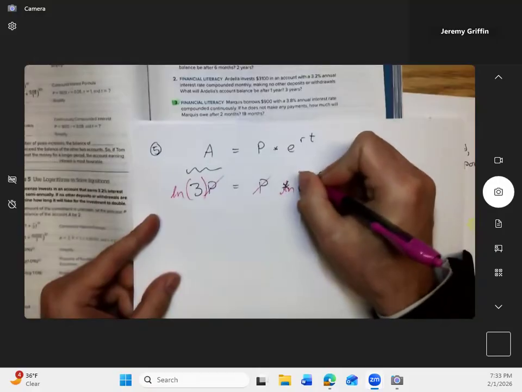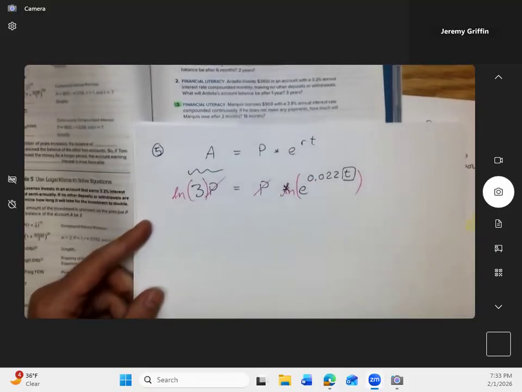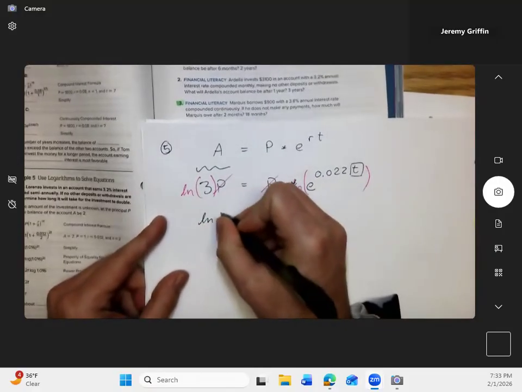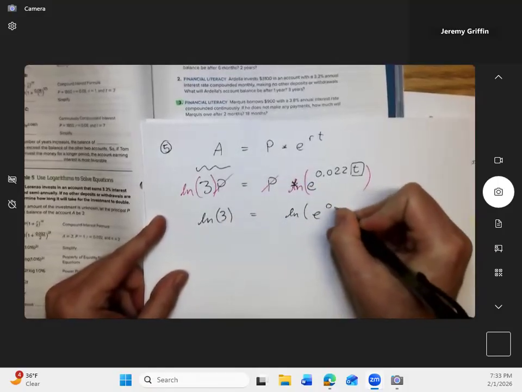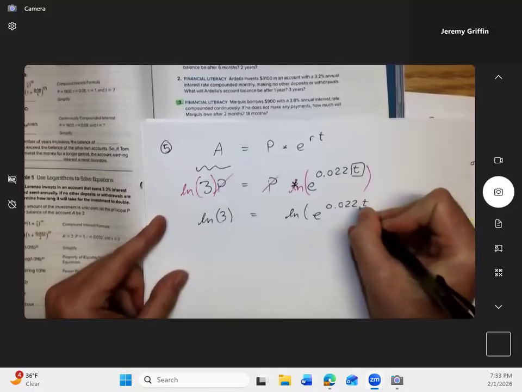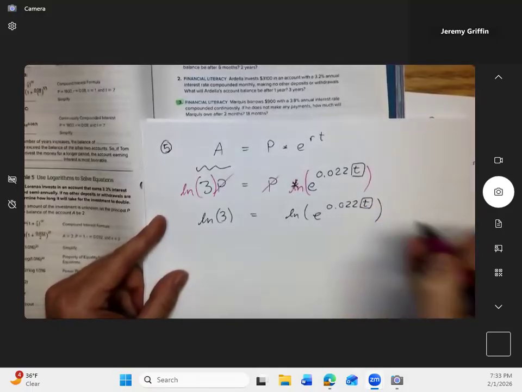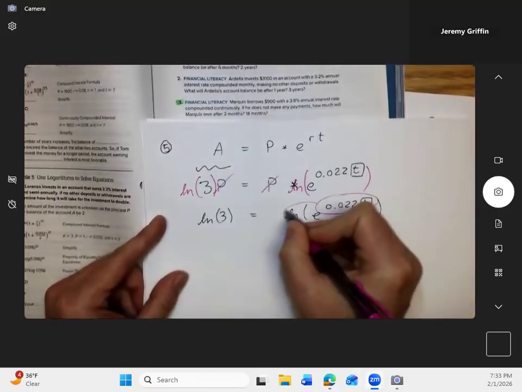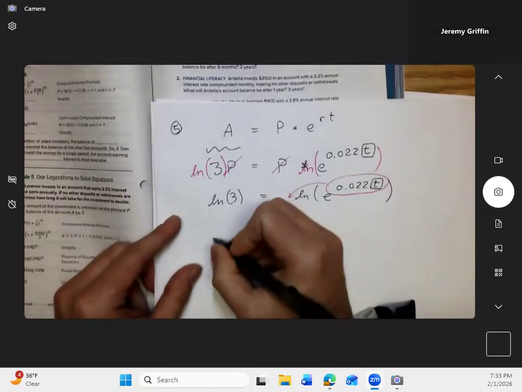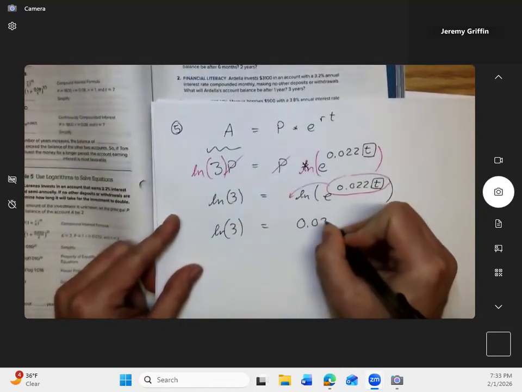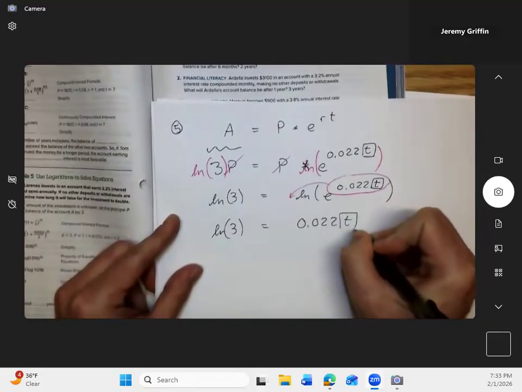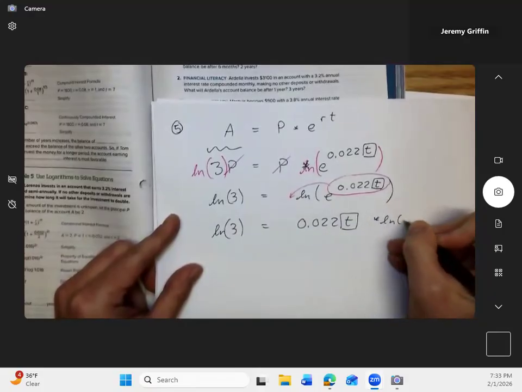So natural log of 3 equals natural log of e to the 0.022t. I can take this power right down in front, so natural log of 3 is equal to 0.022t. The natural log of e, of course, is 1.